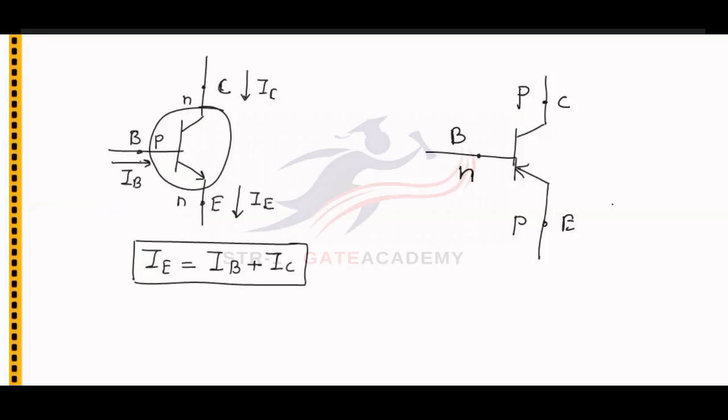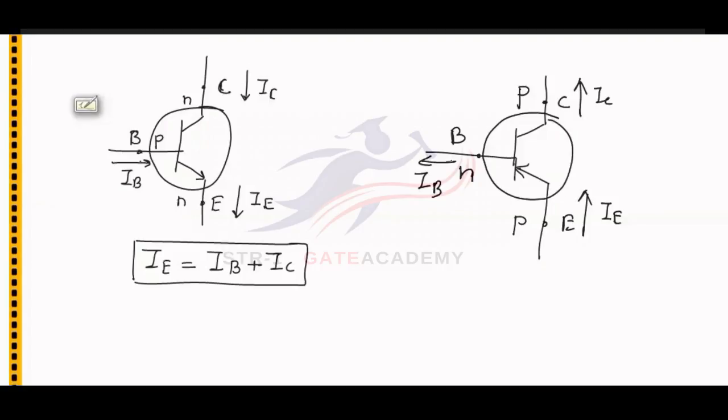In this PNP transistor, the emitter current IE will flow in this direction, while collector current IC and IB will flow in the output direction. Again, if we consider this transistor as a junction, then total incoming current IE should be total outgoing current IC plus IB.